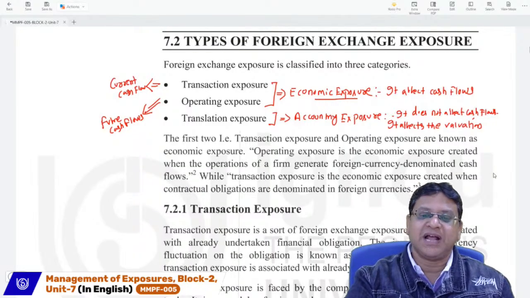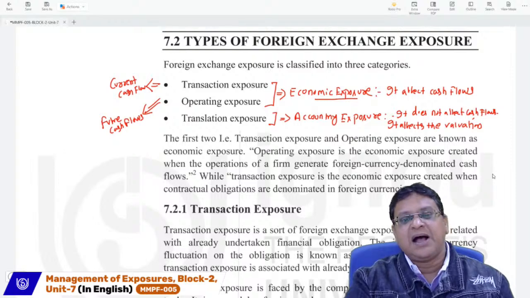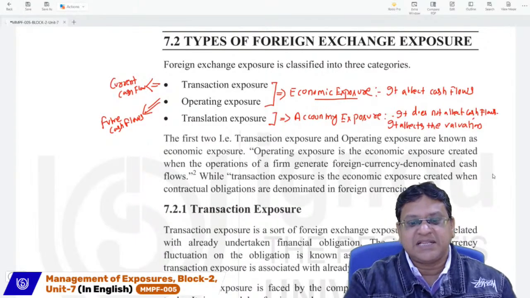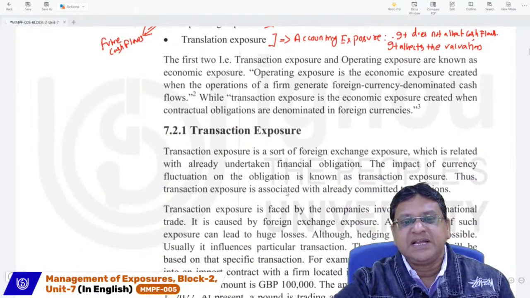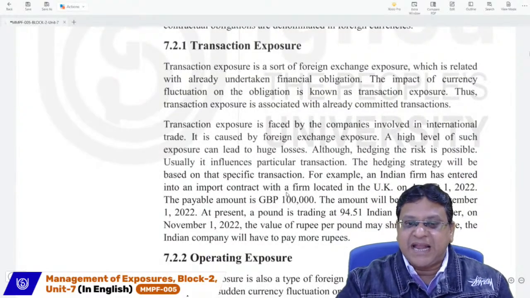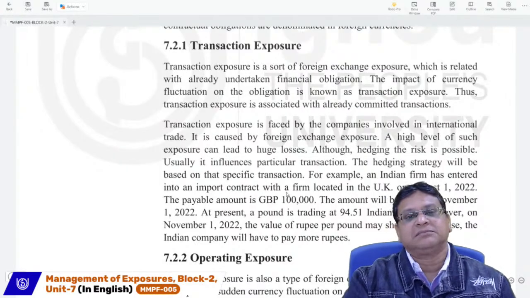First, we will discuss transaction exposure. What is transaction exposure? How can this transaction exposure be managed? First, transaction exposure is a type of foreign exchange exposure. It arises due to the transactions which have already been contracted for.